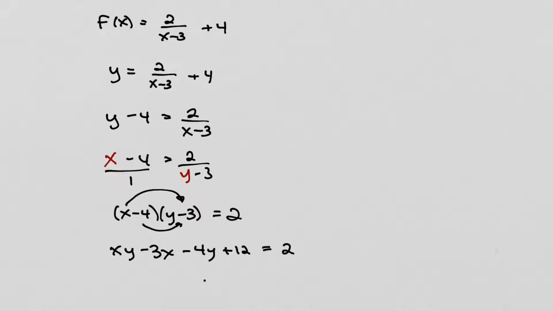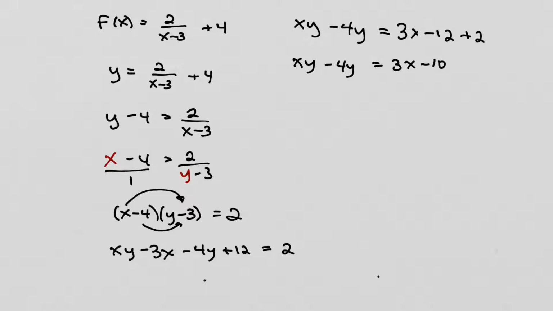So if I try to isolate the y's, let's keep all the y's over on the left-hand side, and let's take everything else over to the right-hand side. So that negative 3x becomes a positive 3x, that negative 4y, oops, just kidding, I didn't take the 4y over. That positive 12 will become a negative 12, and then don't forget you still got that other 2 on the other side.